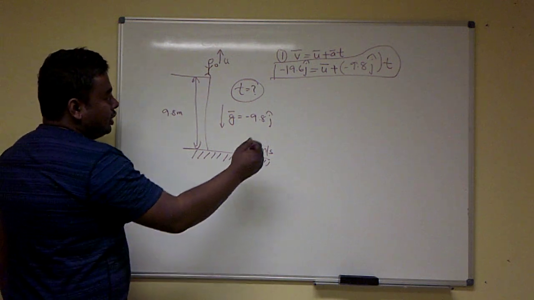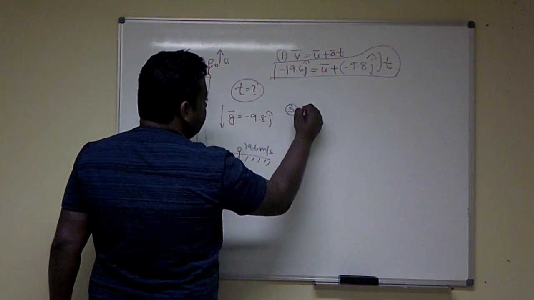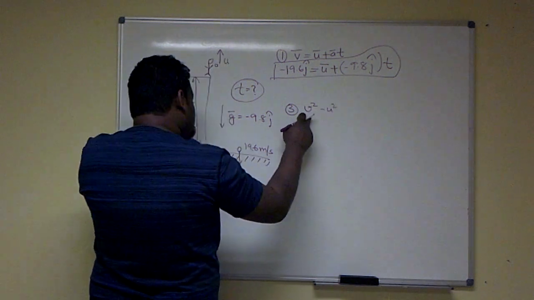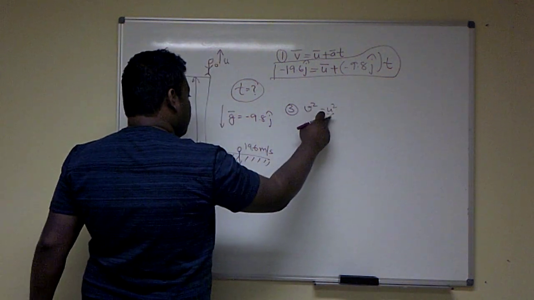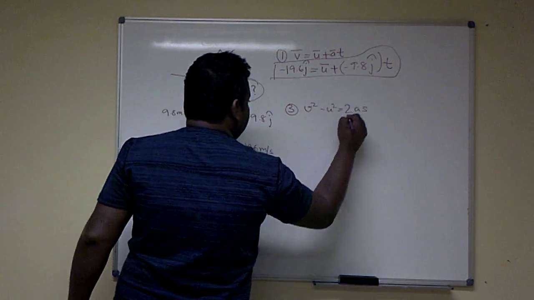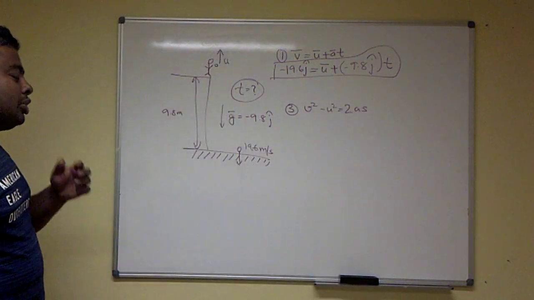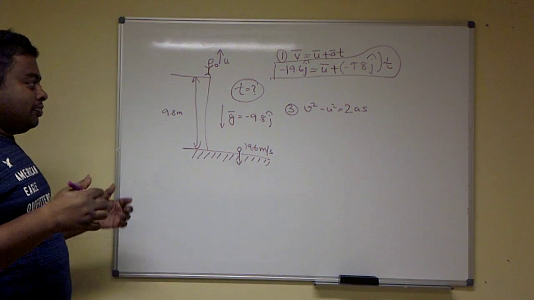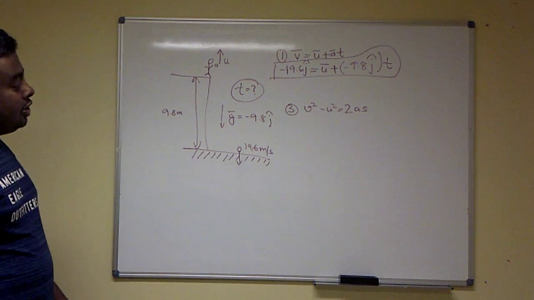For doing that, we have to go to the third equation of motion, where the square of final velocity minus the square of initial velocity is equal to 2as, where both the a vector and s vector have their respective directionality.